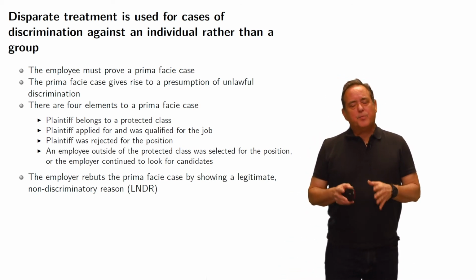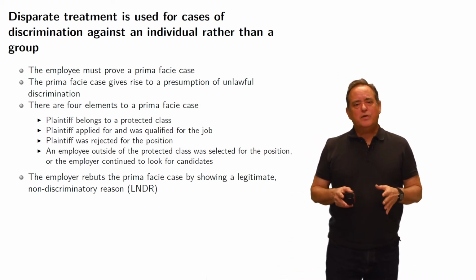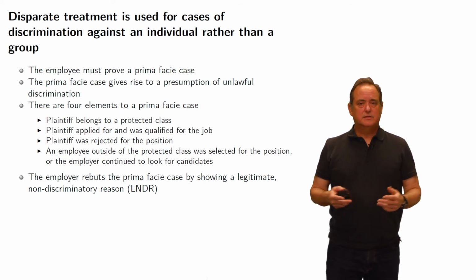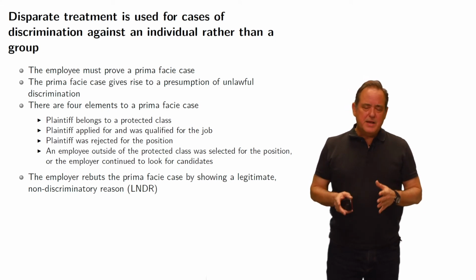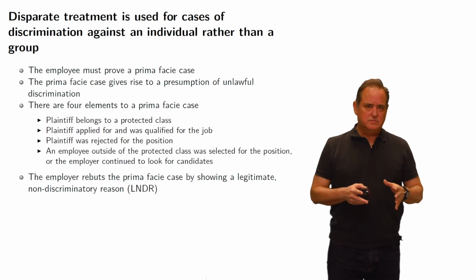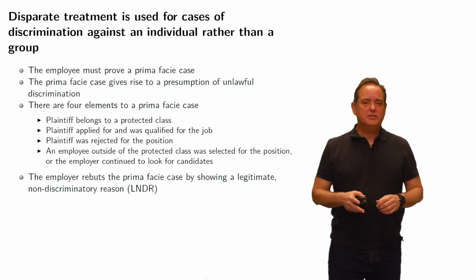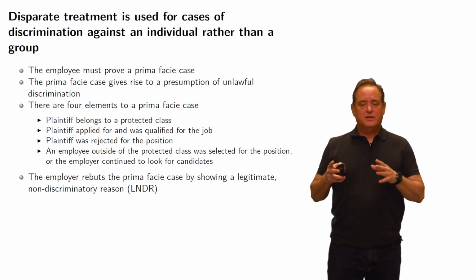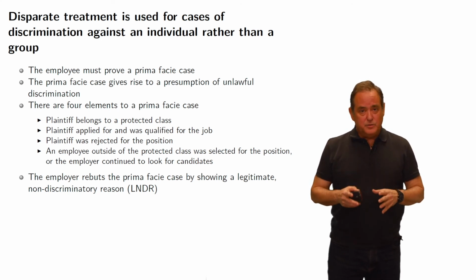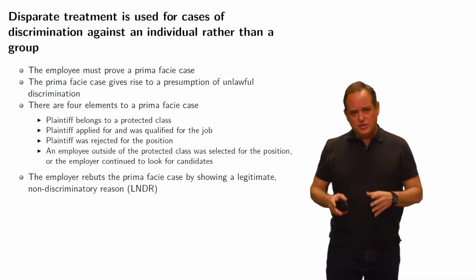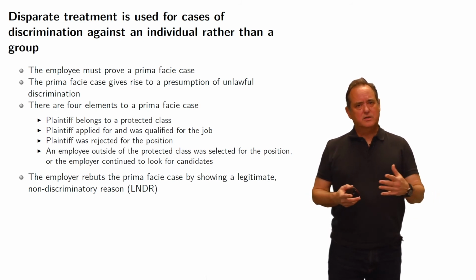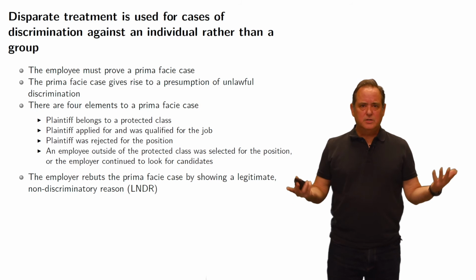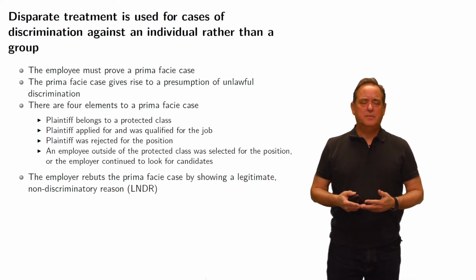We rebut the prima facie case by proving what's called a legitimate non-discriminatory reason. We often abbreviate that LNDR. And this is the best response whenever someone makes a discrimination claim, that you did what you did for a legitimate non-discriminatory reason. That's the defense that an employer will use 99% of the time.